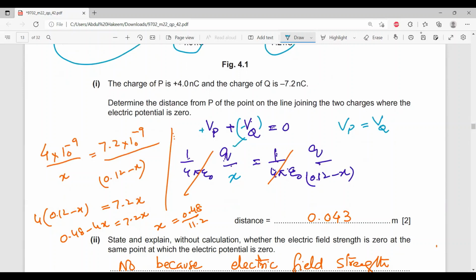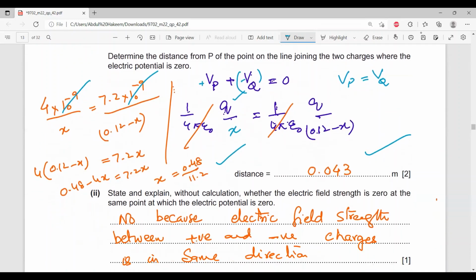This charge is 4 times 10 to the power minus 9 divided by x. And this charge is 7.2 times 10 to the power minus 9 divided by 0.12 minus x. Now cross multiply, 10 to the power minus 9 cancels. So 4 times (0.12 minus x) equals 7.2x. And after calculation, you will get the answer 0.043. This is the distance from P at which the resultant potential is 0.